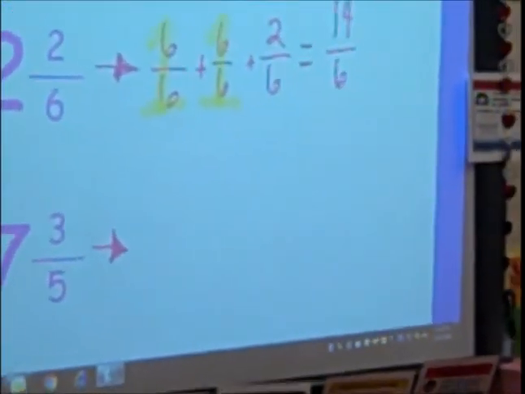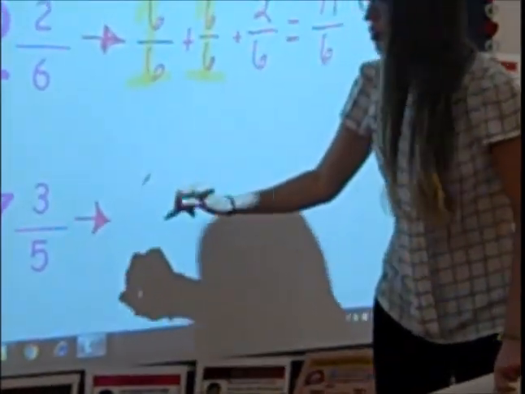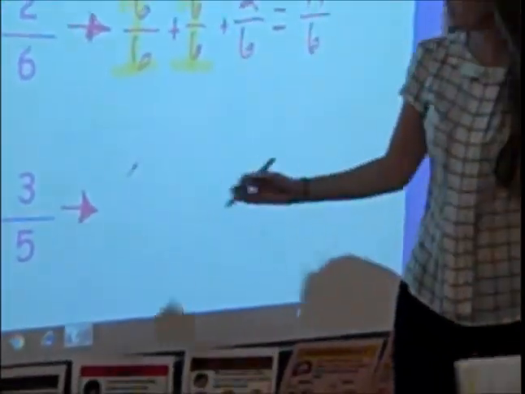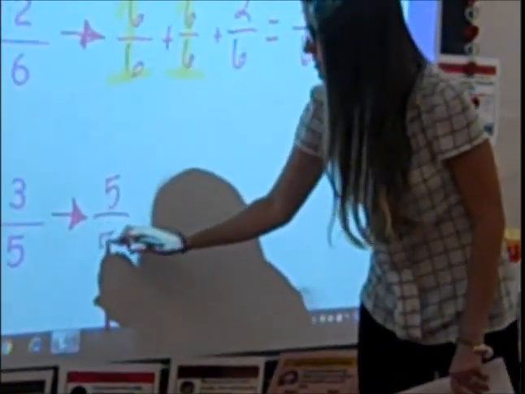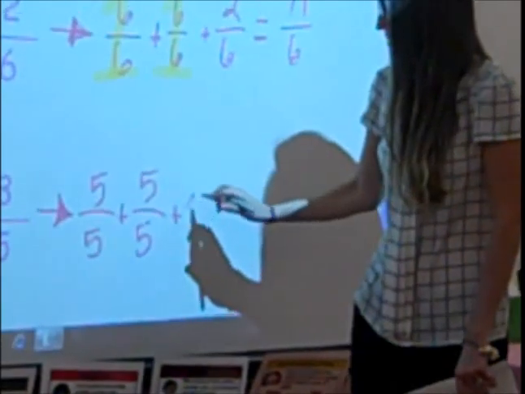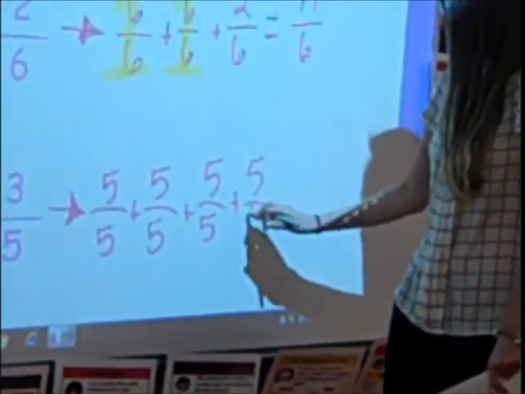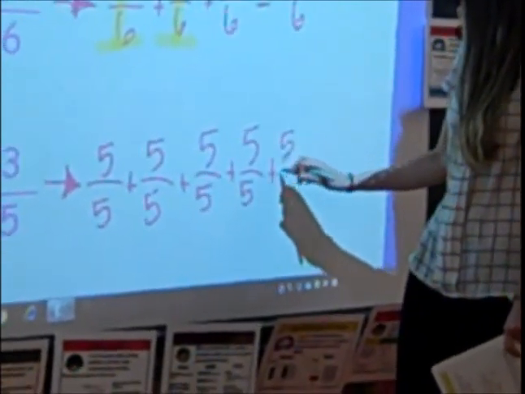Right, and then for 7 and 3/4, our whole would be 5/5. And since we have 7 wholes, you do it 7 times. Did you think that, Miss A? That's 6.